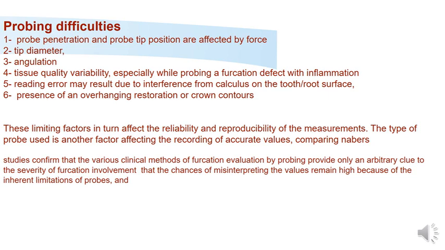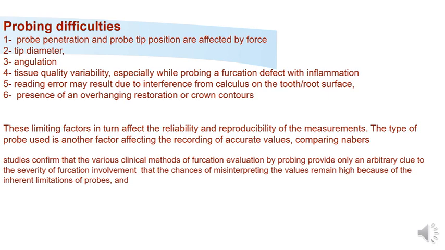Probing difficulties. The same difficulties we are facing when we are probing, including the penetration of the probe, the force we use, tip diameter of the instrument, the tissue quality and presence of inflammation, the angulation of probing, presence of calculus, and overhanging restorations. These limiting factors in turn affect the reliability and reproducibility of the measurements.